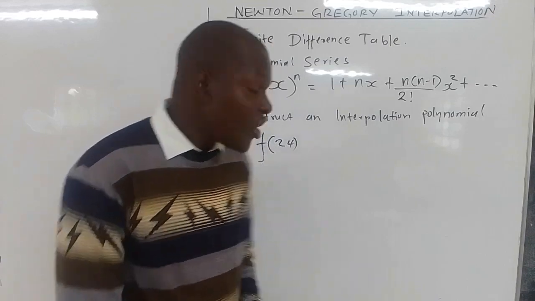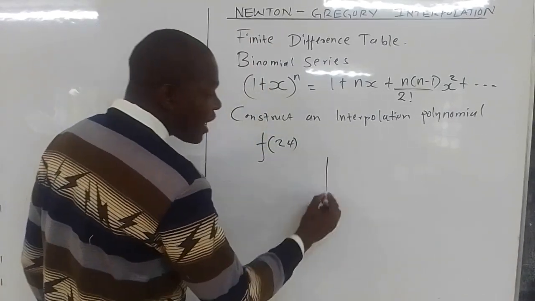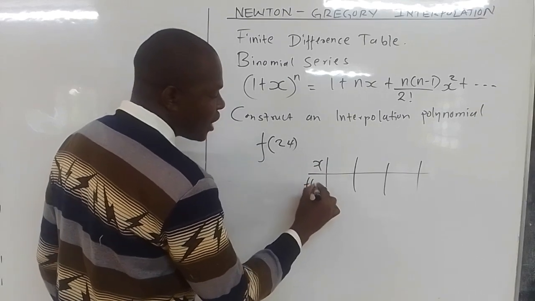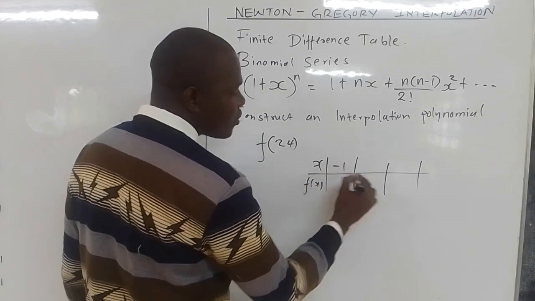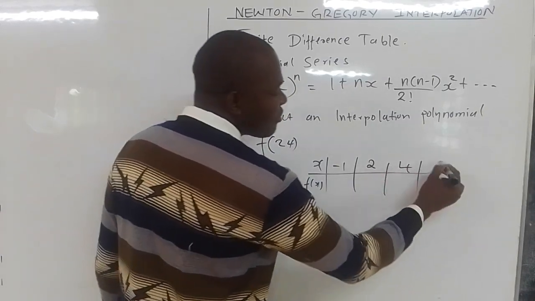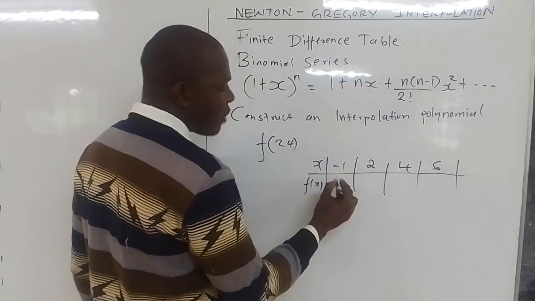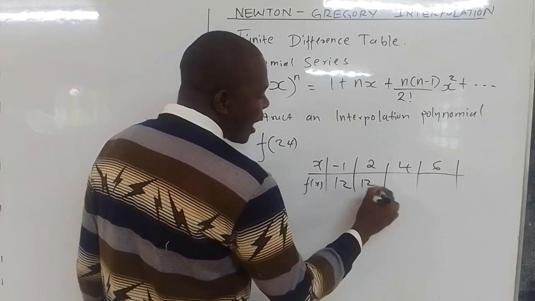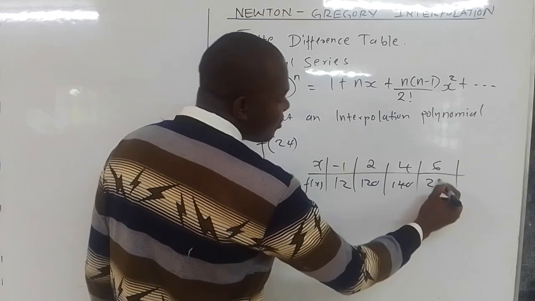So when it is inside the range, maybe you've been given a table like this, and you'll be told x values, then f of x values. X values -1, maybe 2, maybe 4, 6, like that. And y values you've been given maybe 12, maybe 120, maybe 140, maybe 210.